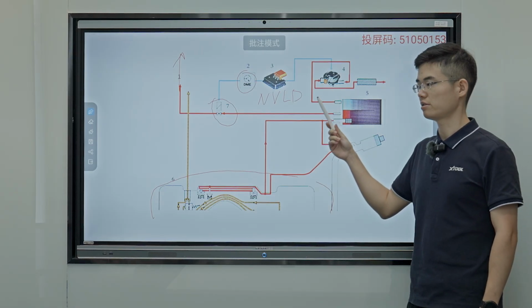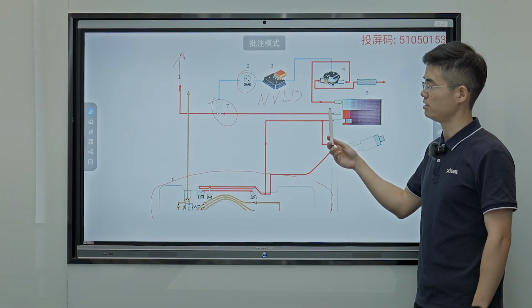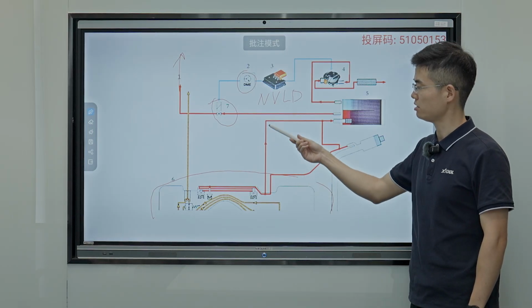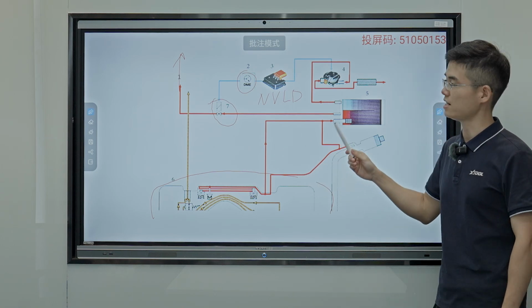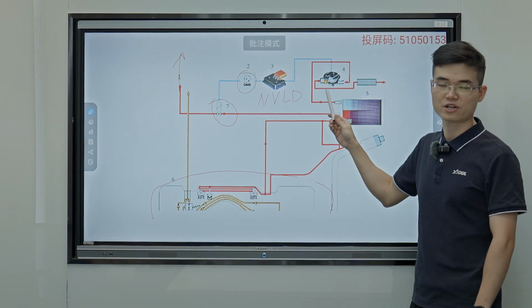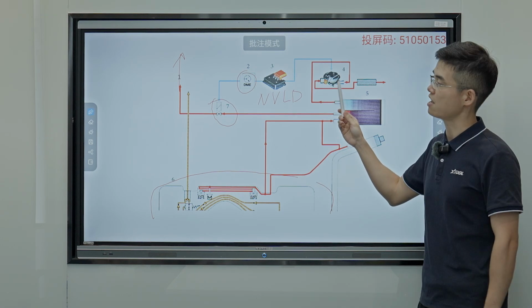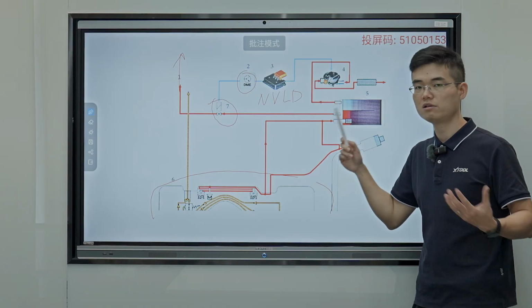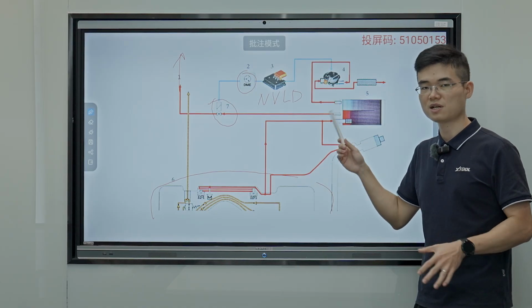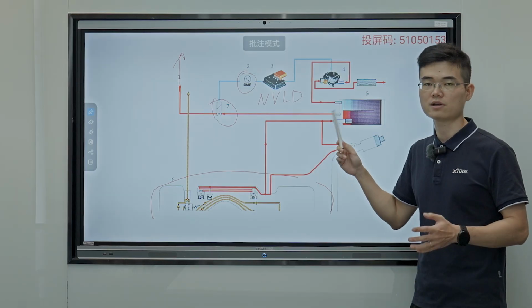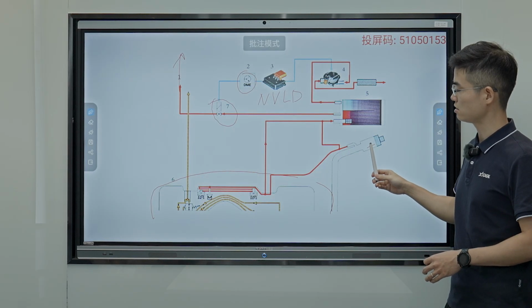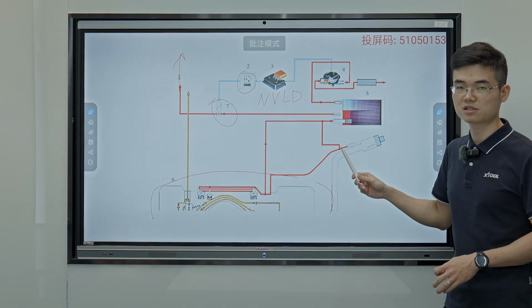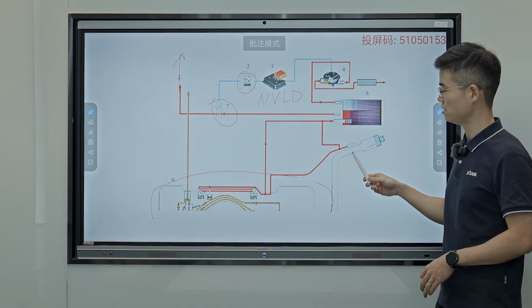That means it's actively running and lets the air flow through the pipelines. The fourth state is the overpressure state, which means the pressure inside the NVLD is higher than normal. This may trigger a trouble code. And the last state is the refueling state. This only happens when the fuel tank is being refueled.